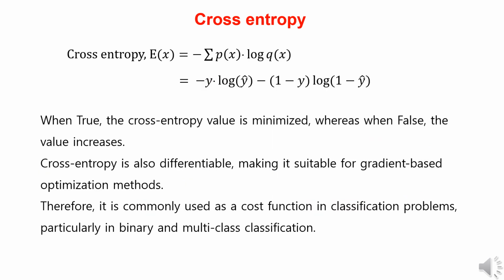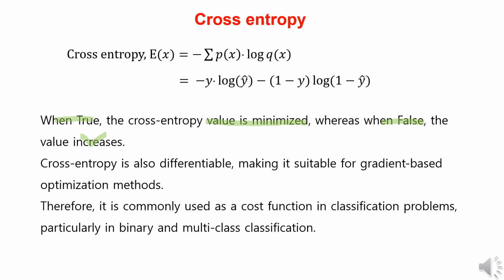Based on this, let's summarize the cross entropy values for correct and incorrect predictions. In the case of a correct prediction, the cross entropy value is minimized, while in the case of an incorrect prediction, the value increases. In other words, as the model makes more accurate predictions, the loss value decreases, and as the model makes more incorrect predictions, the loss value increases.